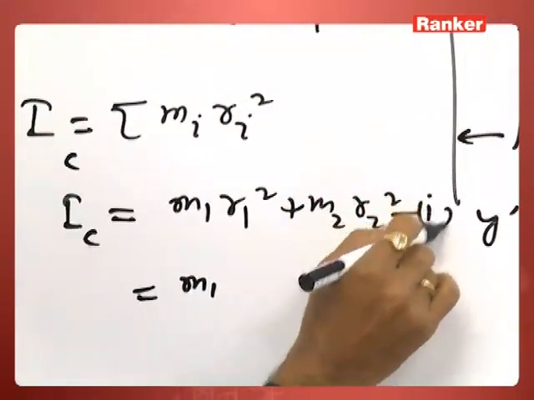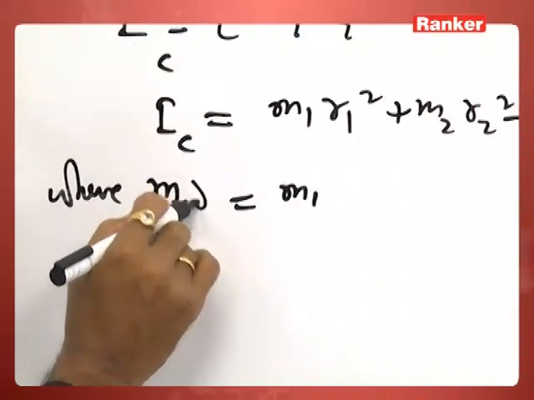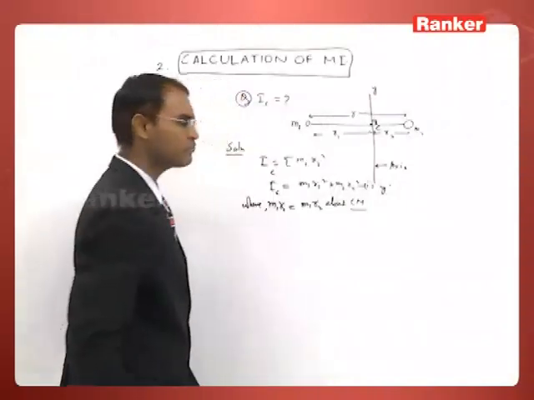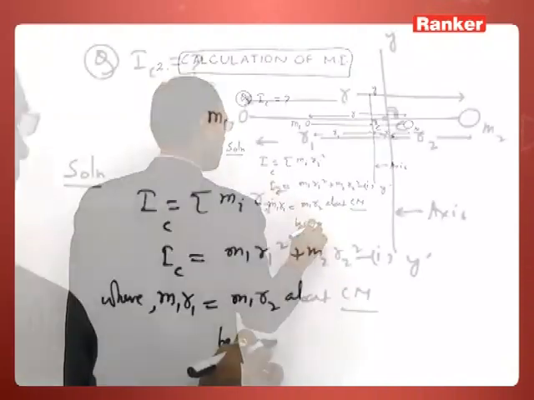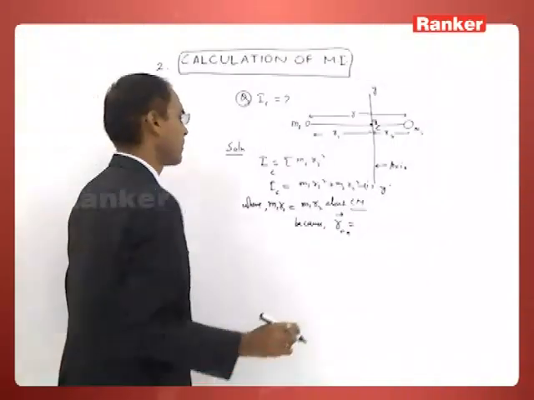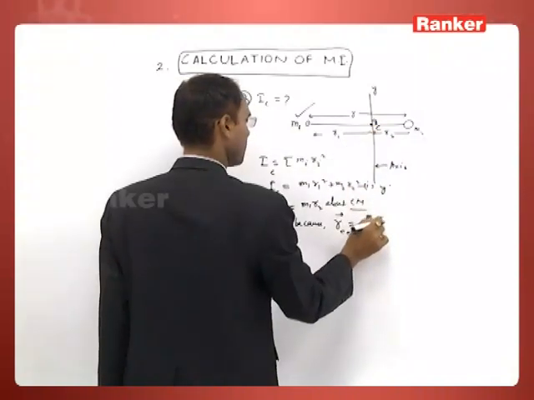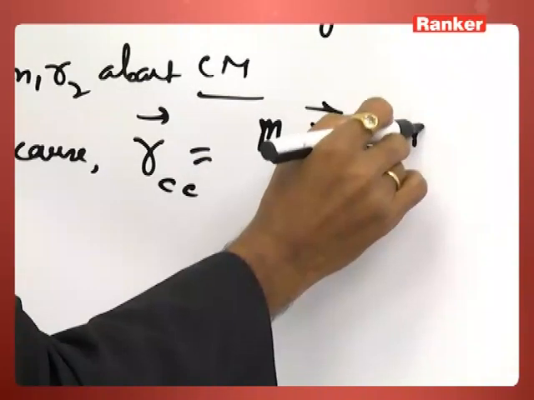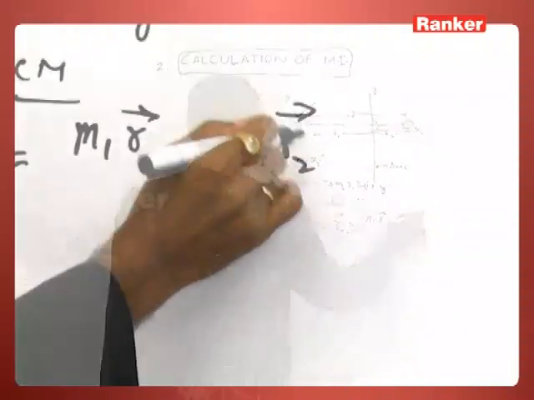Where m1 r1 is equal to m2 r2 about the center of mass, because the position vector of the center of mass with respect to itself is equal to mass 1 into its position with respect to the center of mass, that is r1 vector, plus mass m2 into its position with respect to the center of mass, that is r2 vector, divided by m1 plus m2.